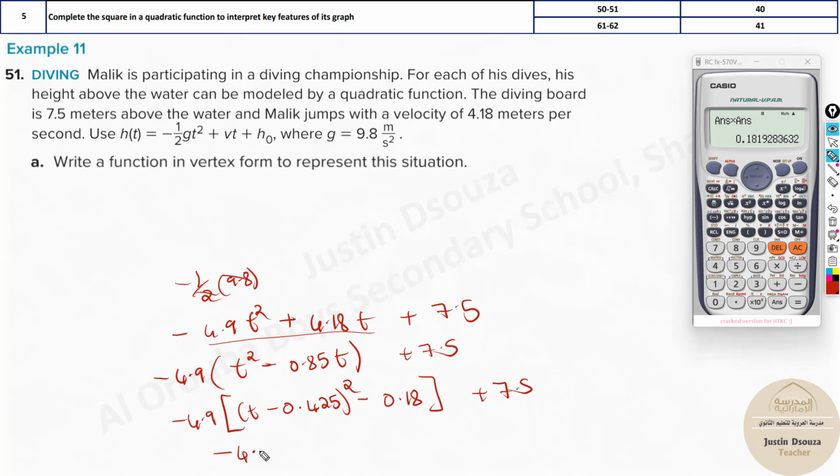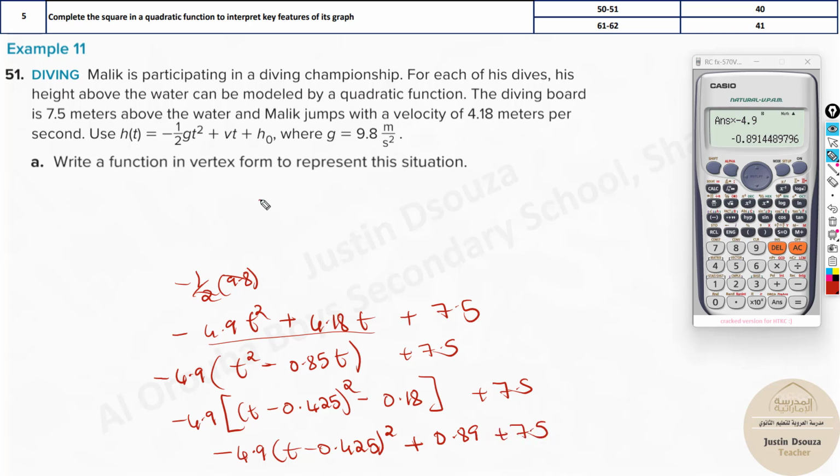It'll be negative 4.9 times t minus 0.425 the whole square. And when you multiply this with negative 4.9, you will get 0.89. So over here, minus and minus becomes plus. 0.89 plus 7.5.